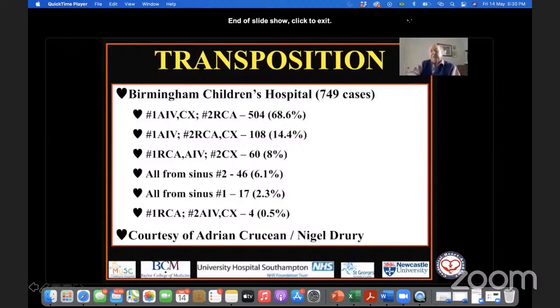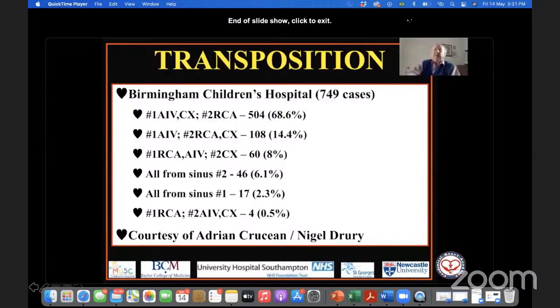This is the experience from Birmingham Children's Hospital. Adrian Cruciano, you're going to hear later on in today's presentation, very shortly, along with Nigel Drury, have analyzed their overall experience, and they've compared this with a meta-analysis. And here you see the specific experience of Birmingham, and you'll note that over 2/3 of cases have that regular pattern.